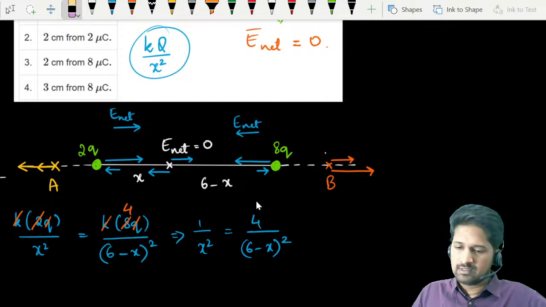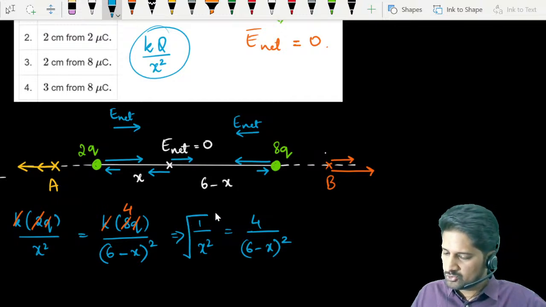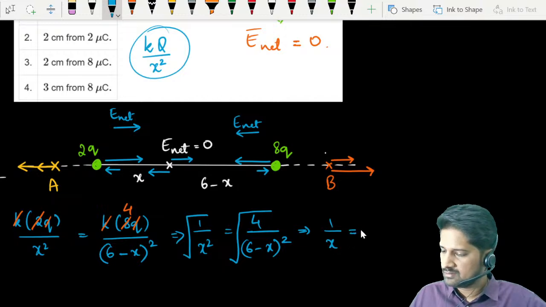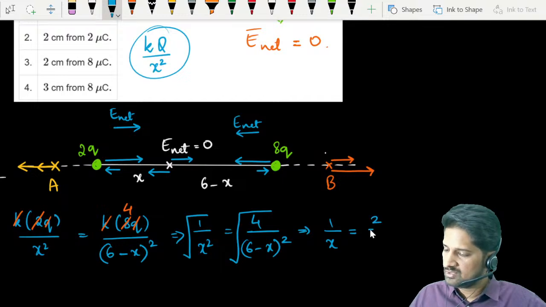So what you can do here is just take the square root on both sides. Then what does this expression change to? Under root 1 by x square becomes 1 by x, and under root 4 by (6 minus x) whole square: root 4 is 2, divided by (6 minus x) whole square under root, which is 6 minus x.